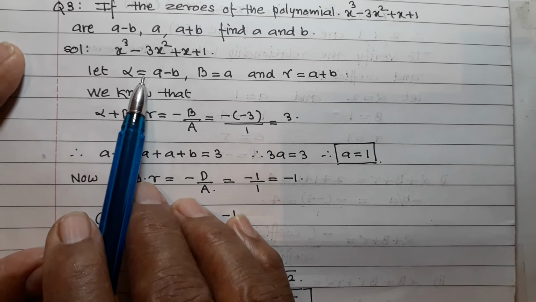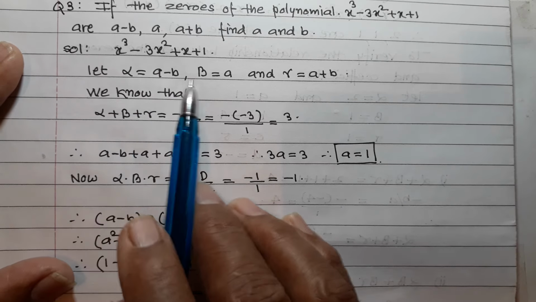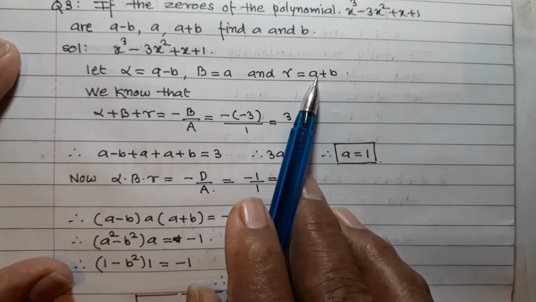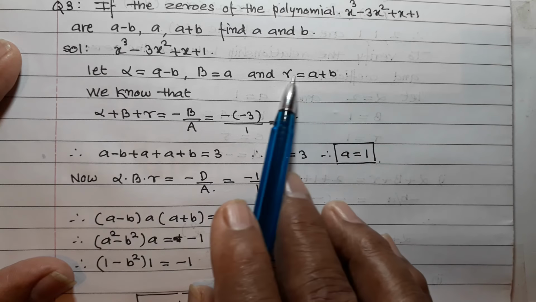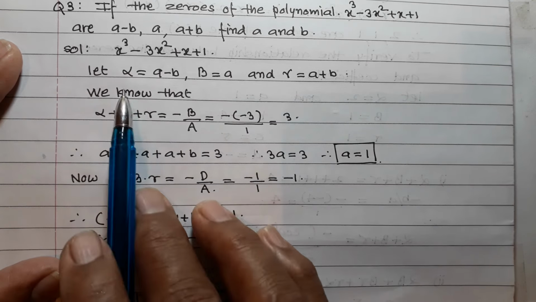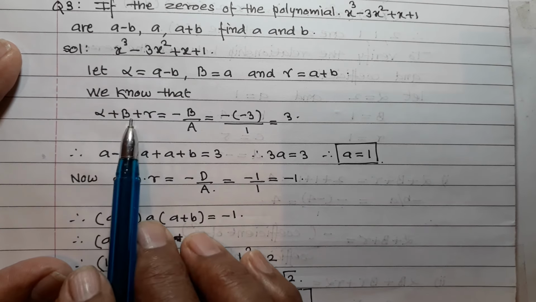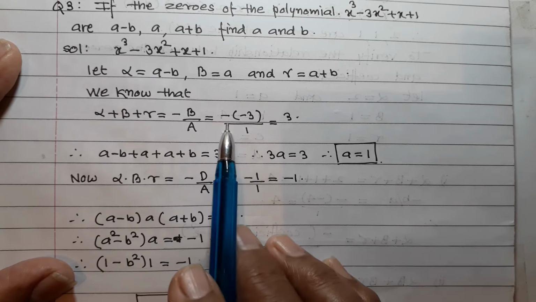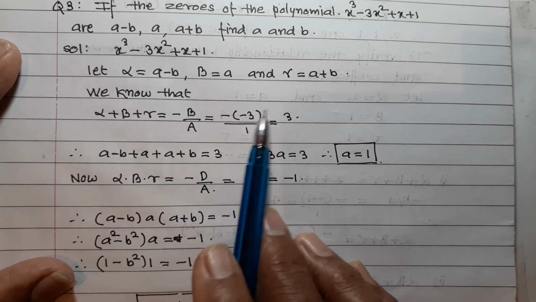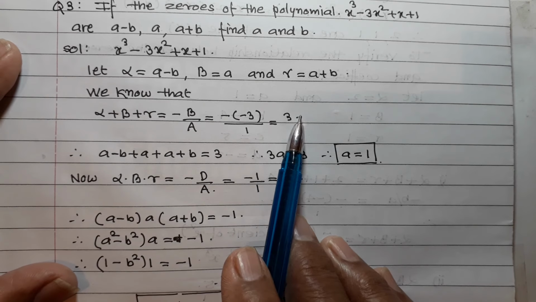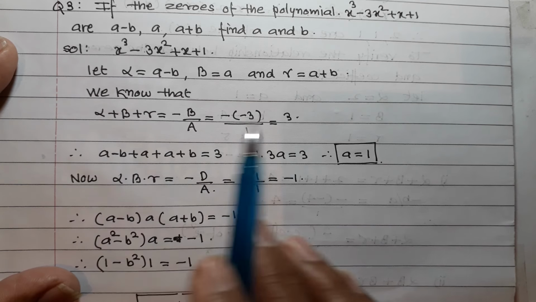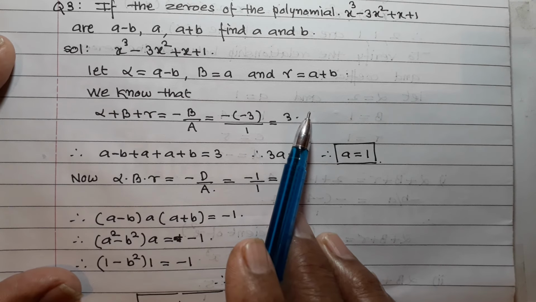Let alpha is equal to a minus b, beta is equal to a, and gamma is equal to a plus b. Now we know that alpha plus beta plus gamma is equal to minus b upon a. So minus into bracket minus 3 upon 1 is equal to 3, and therefore alpha plus beta plus gamma is equal to 3.